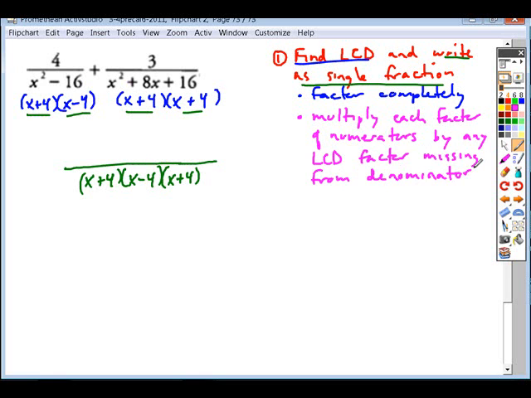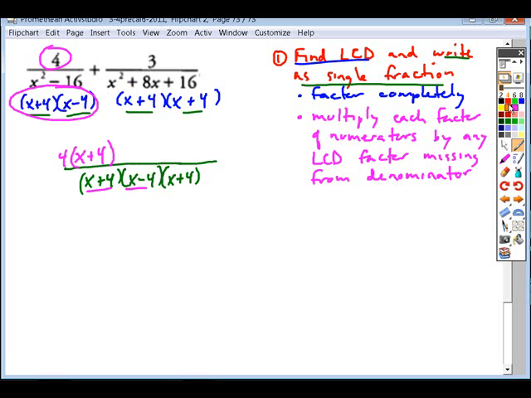So what that means is I start with my first factor of the numerator. It's a 4. I'm going to multiply that 4 by any LCD factor that's missing from its denominator. Well, it has an x plus 4 and an x minus 4, so it's missing the other x plus 4.